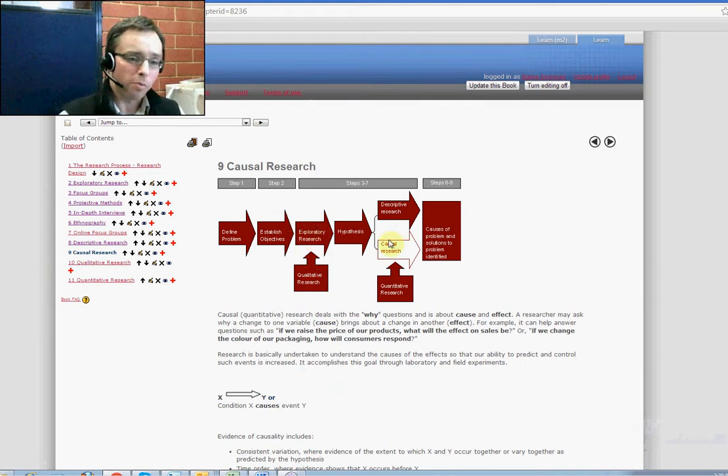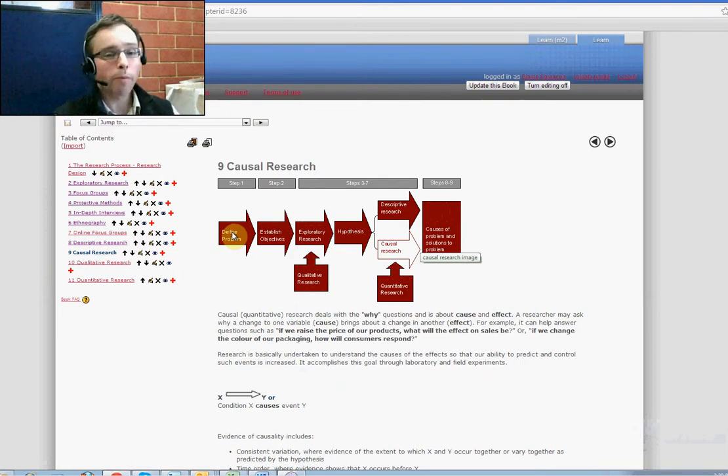So if one of your problems in your restaurant is that you don't have enough guests, customers, then you could do a causal research and simply try and measure how many guests or customers you have in a given month. Then you can try and change the music that you play to slower music and see if you will get the same results. Customers staying longer and buying more things with slower music. And it just might be that you then have found your solutions to the problems identified originally.